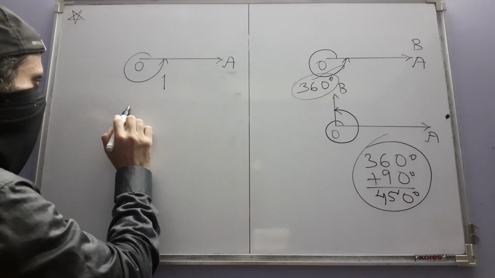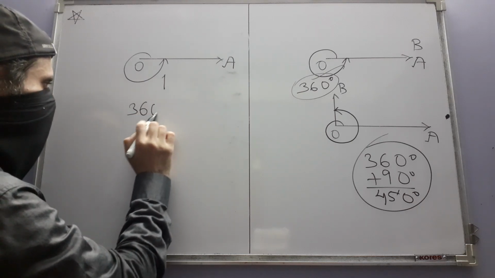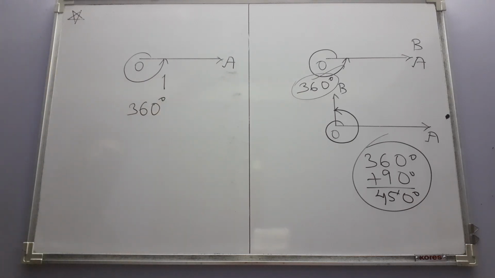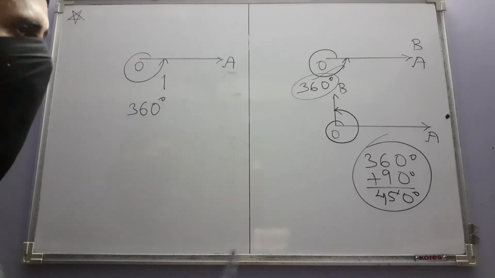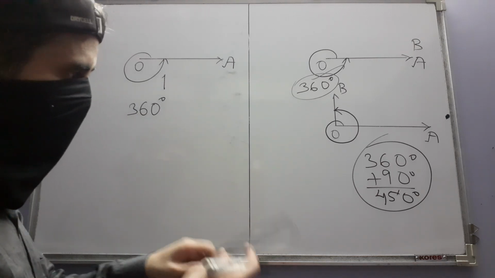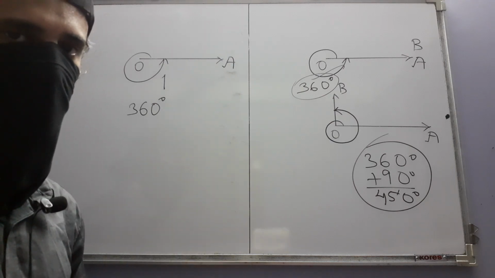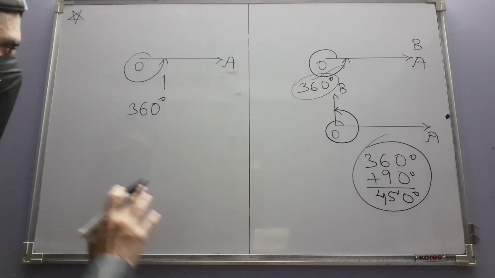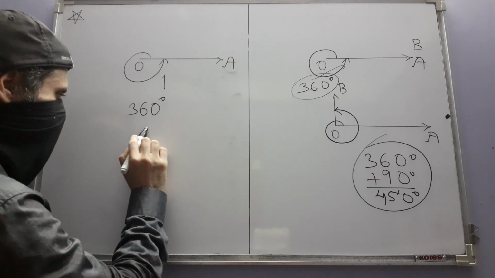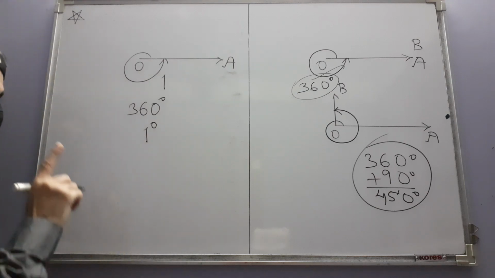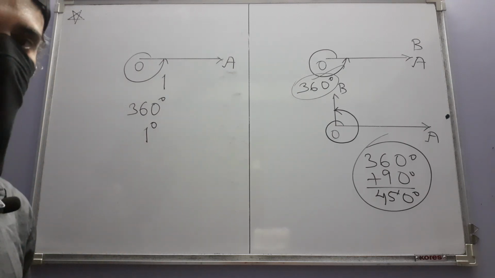But in degree unit, let's agree that this is 360 degrees. This rotation can be divided into 360 equal parts. One part of that will then correspond to 1 degree.